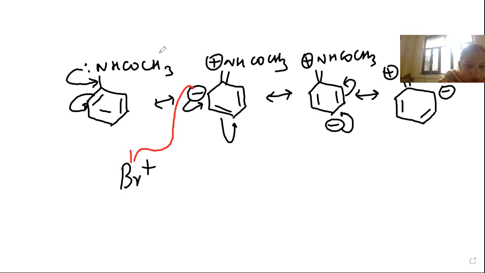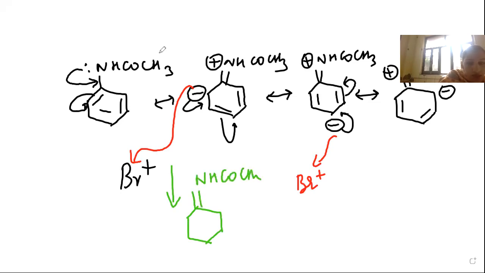Now your Br positive generated from ceric ammonium nitrate can either attack the ortho position, or there might be attack at the para position. So two possibilities will arise. In one of them, if the attack at the ortho position occurs, this is formed, with COCH3 positive, and here Br is attached.